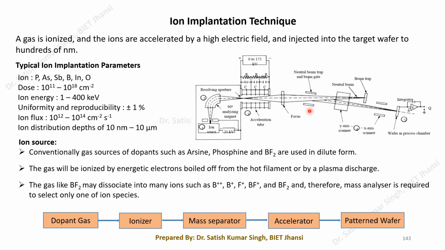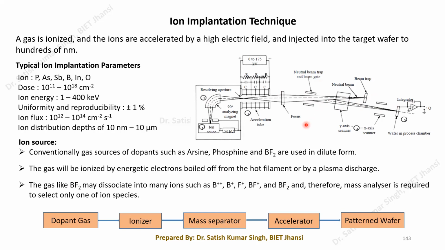Whenever these neutral atoms go to the wafer, they are going to dope the wafer. But in such cases, because the dopant is neutral, we cannot scan it, and we will not be able to tell how many such atoms are actually being implanted into our wafers.